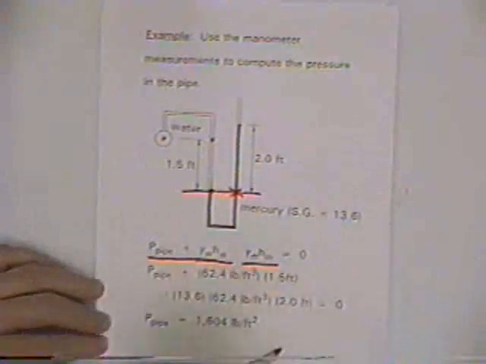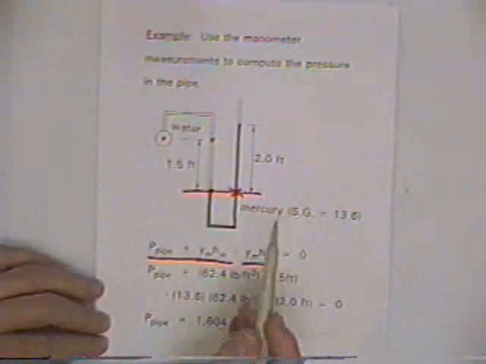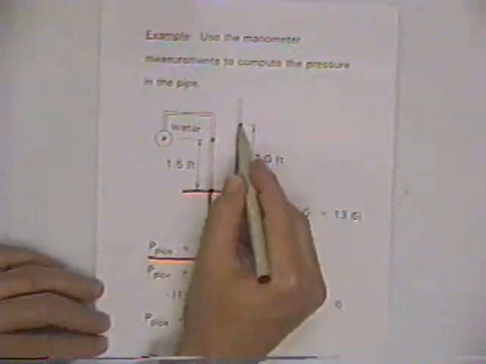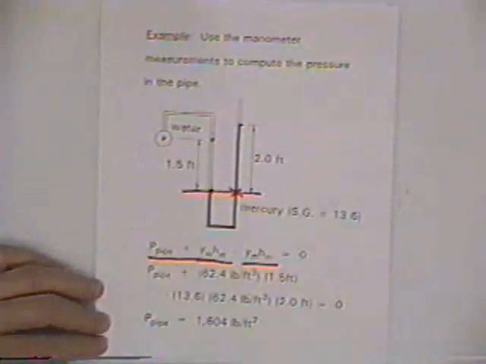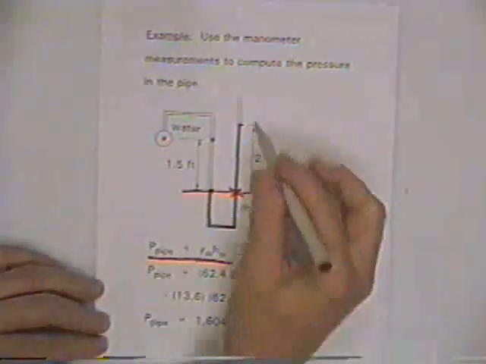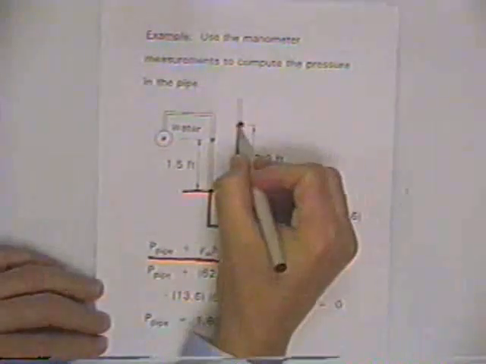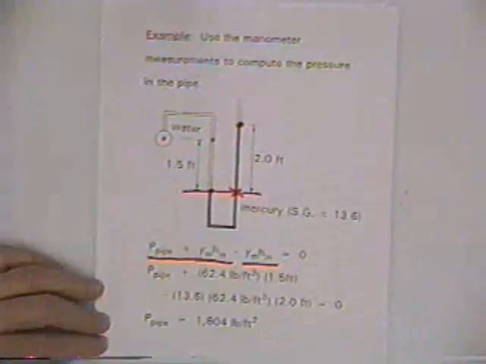Whatever the liquid might have been, it happens to be mercury, its unit weight times the vertical column of the liquid there, and that gives us the pressure there. We're using gauge pressure, so that's atmospheric pressure, so it's 0. So we write it as 0.